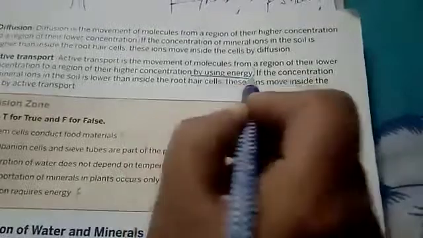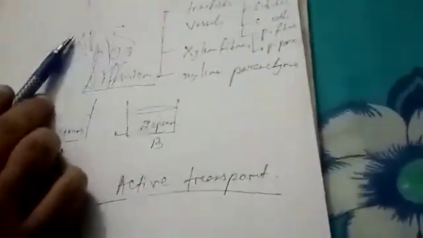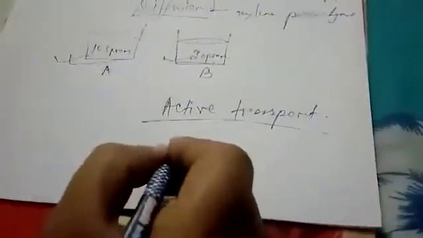That is because of active transport, which is the movement of molecules from a region of lower concentration to a region of higher concentration. But the important thing is that it uses energy. Suppose you are pulling a bucket of water up the stairs, you need energy. In the same way, when we go from a less concentrated region to a more concentrated region, it is by using energy. And from where will this energy come? This energy will come from the plant cell itself. And this is called active transport.